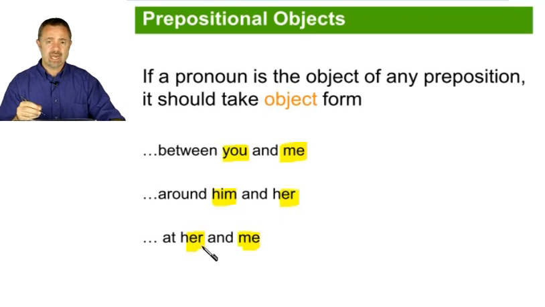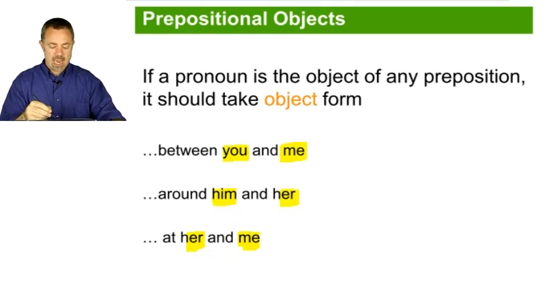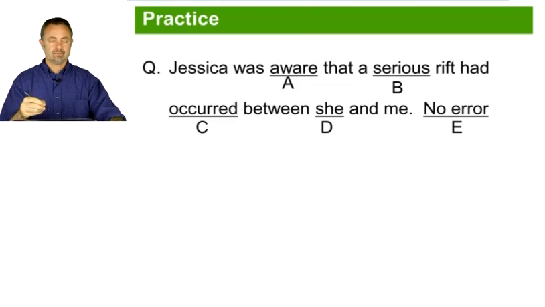Well, why don't we take a look at an identifying error question to see how these object and subject pronouns can be tested. So here we have: Jessica was aware that a serious rift had occurred between she and me. Well, notice me fits because it's not underlined. The question is she.